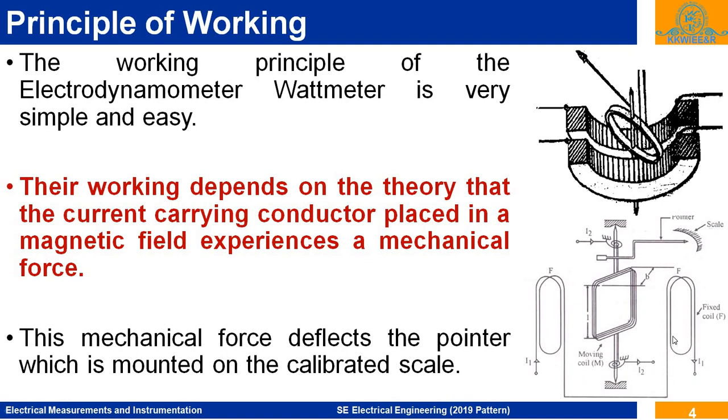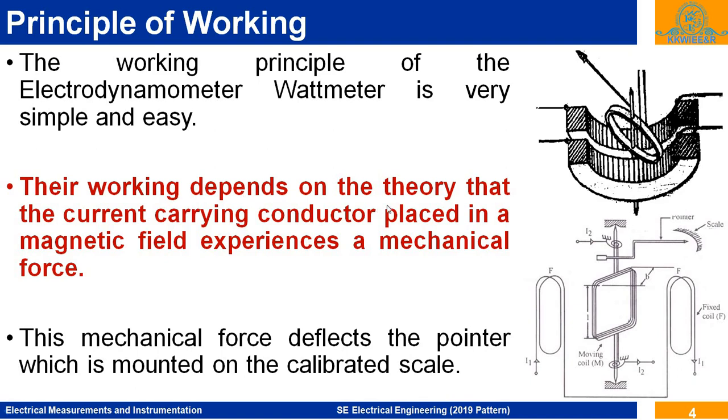This fixed coil is connected in series with the load for measurement of current, and this moving coil is connected across the load for measurement of voltage. So the working principle of the electrodynamometer wattmeter is very simple and easy. There is an interaction of the magnetic field.